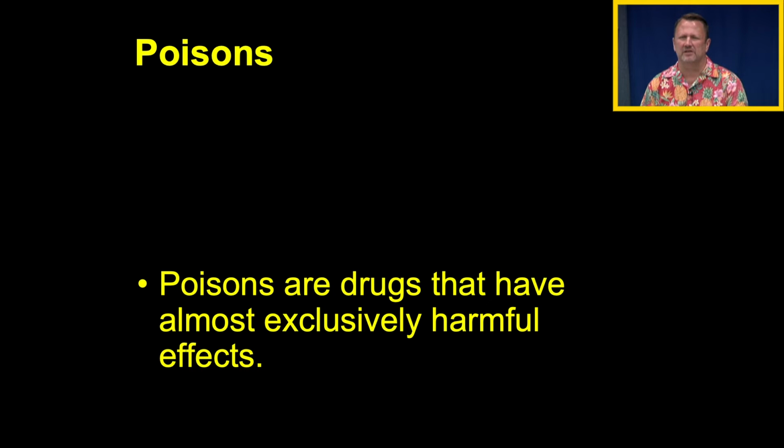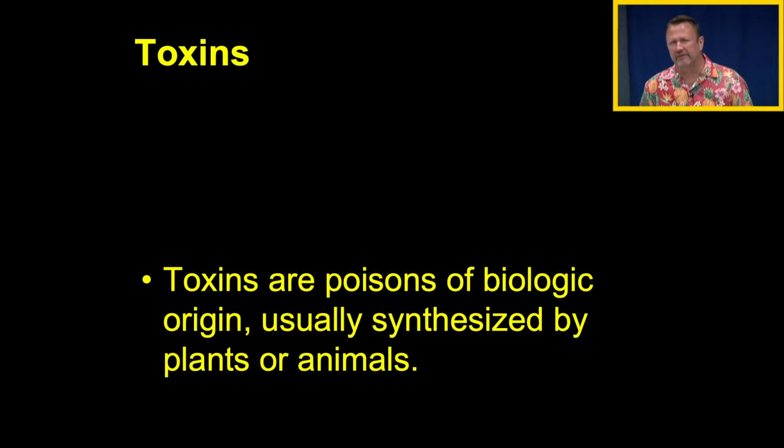I don't really like this definition. We'll talk about this when we get to therapeutic window at the end of this lecture. And so drugs or poisons floats around in some of the pharmacology courses. If you're going to be a clinician that makes people better, you don't want to talk that way. You want to use the word medications to describe drugs that have beneficial effects.